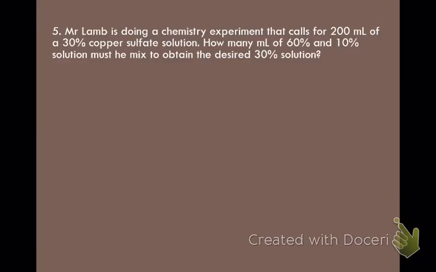If you need copper sulfate solution for whatever reason, you're not going to have every concentration known to man sitting on a shelf. It's just not feasible. You'll have a couple of different concentrations, and then you need to figure out how much to mix to get the concentration that you need.